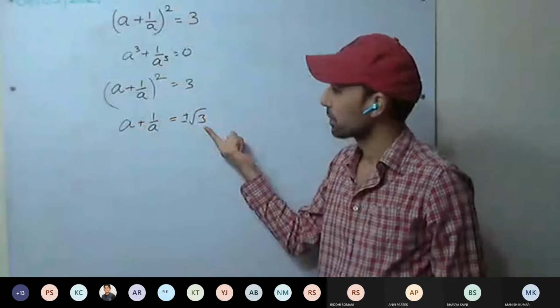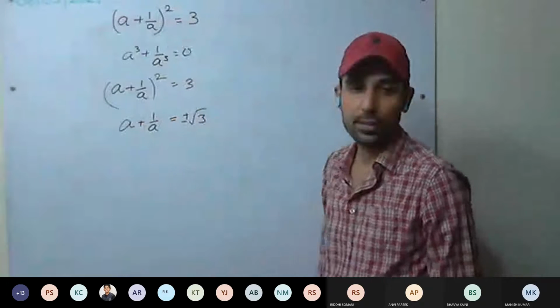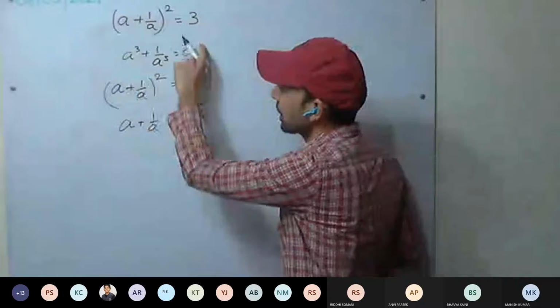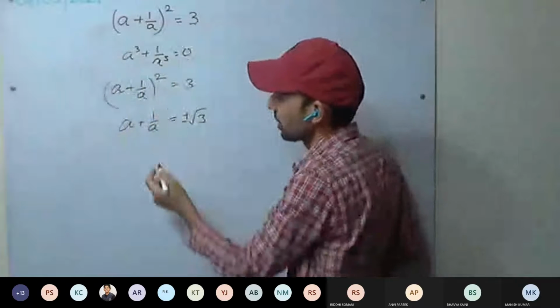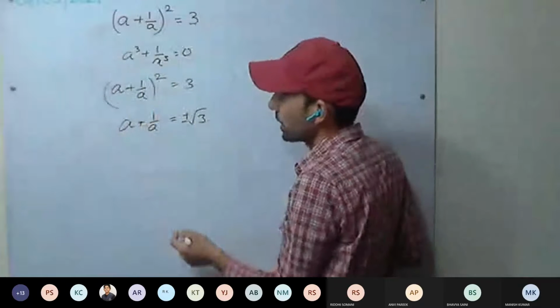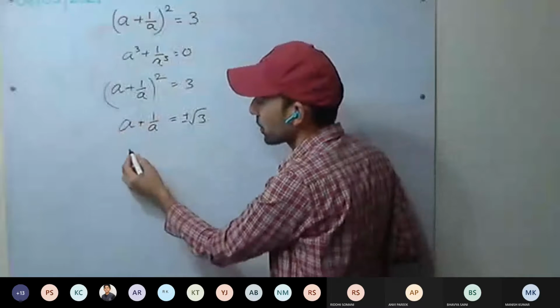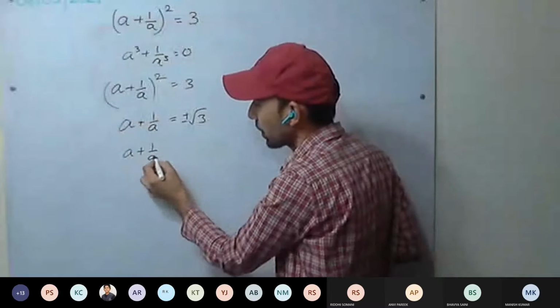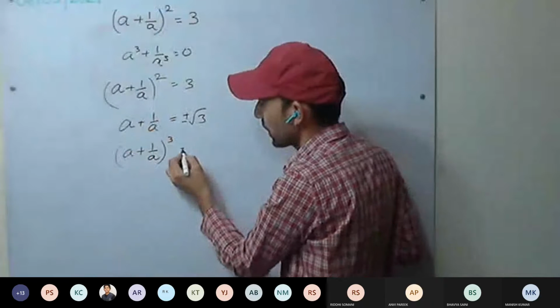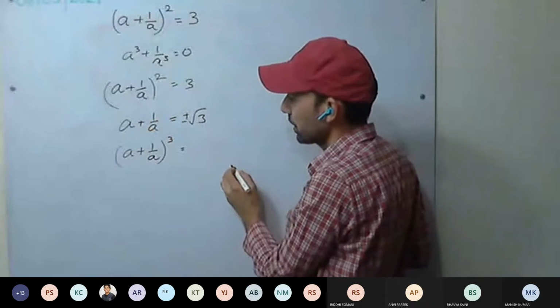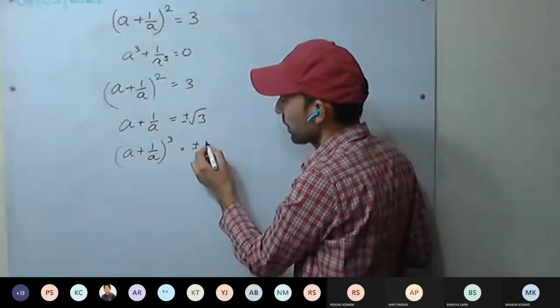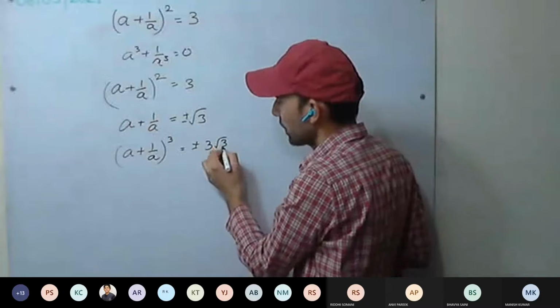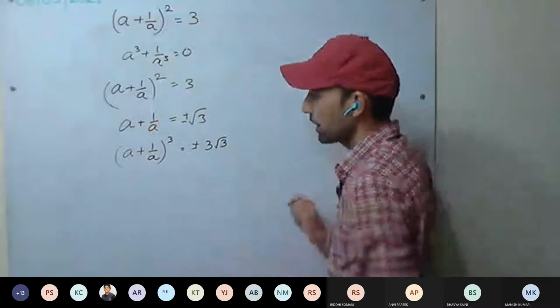Is this clear? Now get the value of a cube plus 1 upon a cube. If we cube both sides, a plus 1 upon a, the whole cube, equals the cube of this one, plus minus 3 root 3.